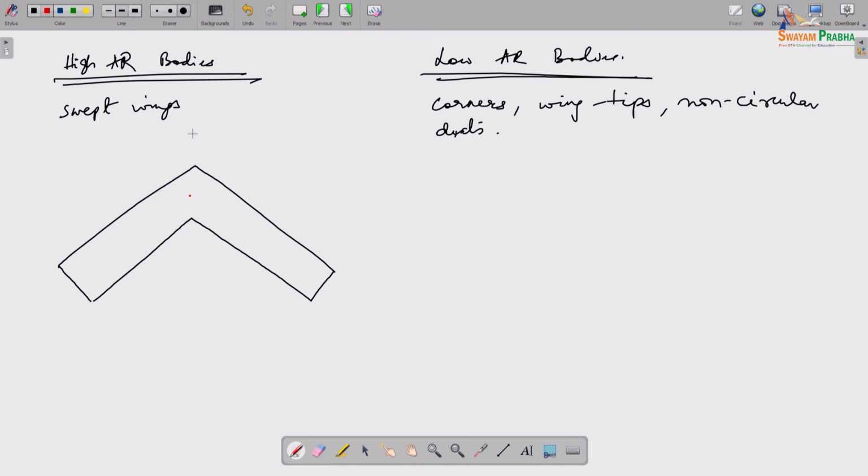Let's just say this is your x, and then of course you have, in the plane of the board, what I was actually trying to draw. I could actually draw it like this, a swept wing. Let me take another page.